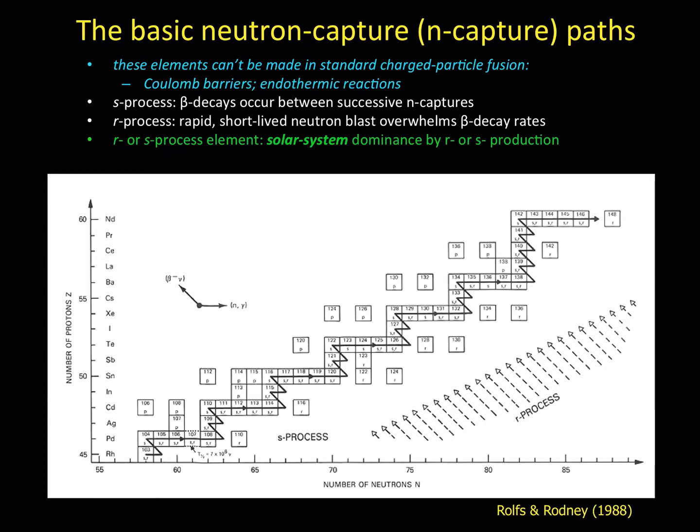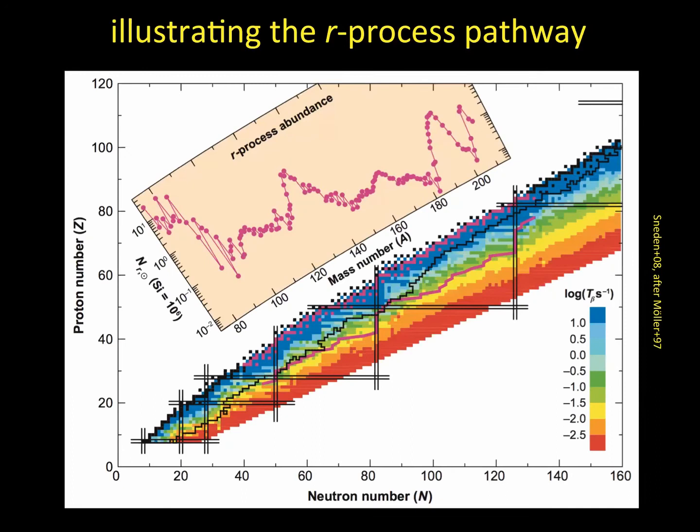My first of my self-criticisms of stellar spectroscopists is we tend to talk about the R or the S process elements. That's wrong. When I talk about an R process element, I really mean one whose solar system abundance has been dominated by one of these processes or the other. That's sloppy.